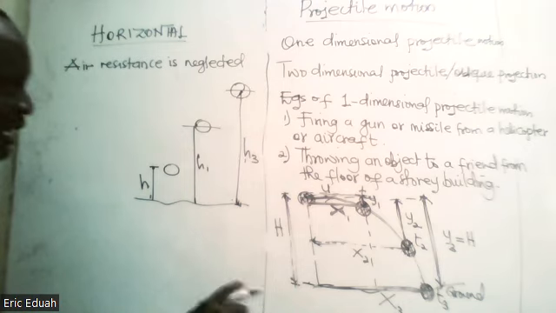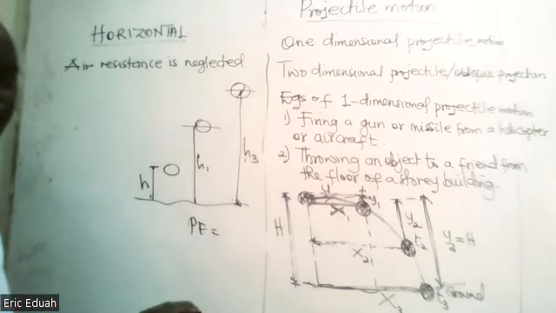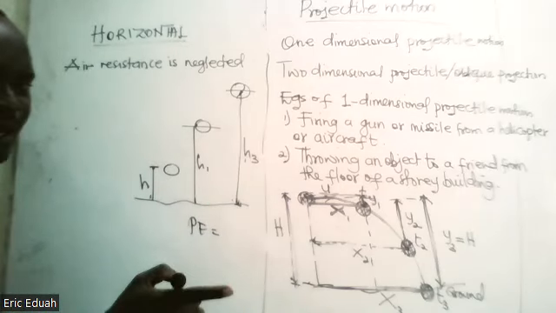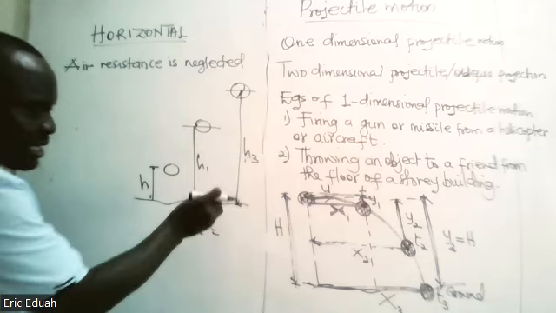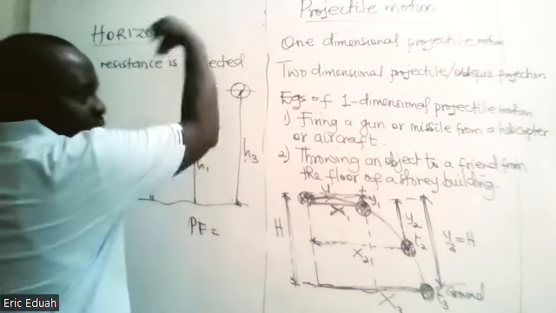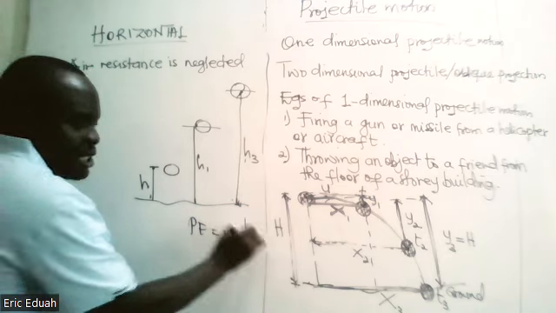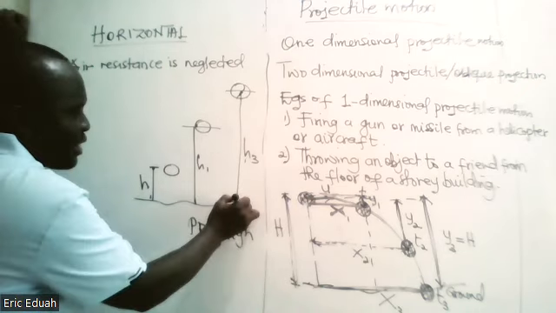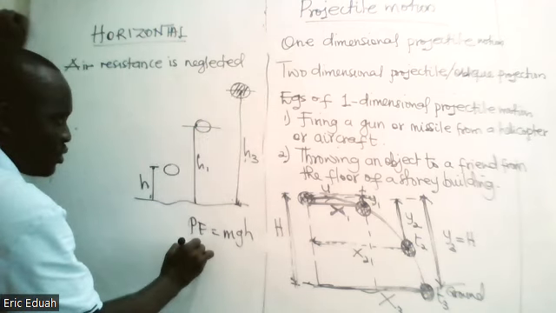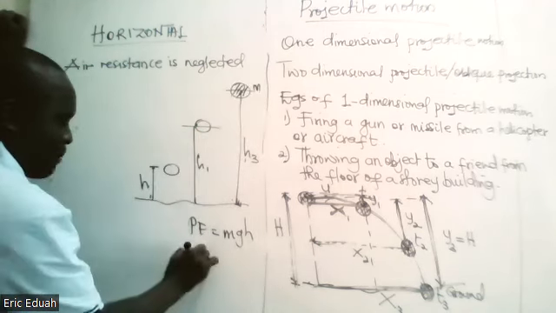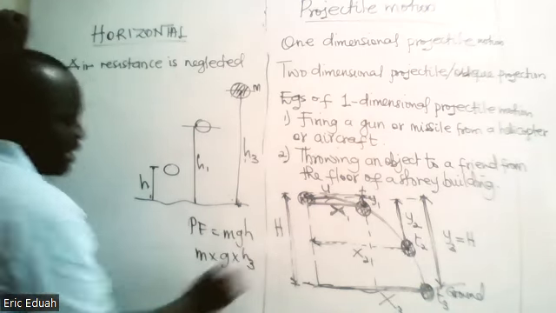That is why we say potential energy, which is the work done in moving an object from the surface of the earth to a point within the gravitational field, is given by mgh. So if we want to calculate the potential energy of the object here, this will be equal to the mass of the object, m, times gravity times this height, h3.